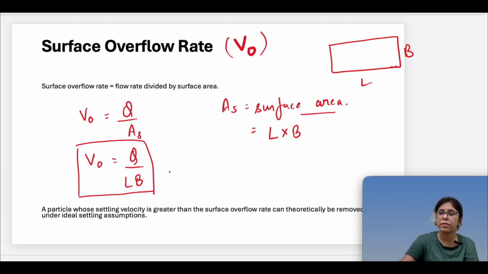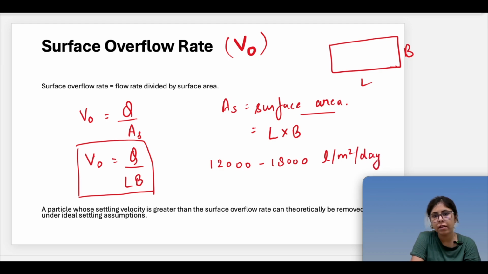We have some criteria for this also, like how much the surface overflow rate should be. The range for surface overflow rate comes out to be 12,000 to 18,000 liters per meter square per day, and it is for plain sedimentation.